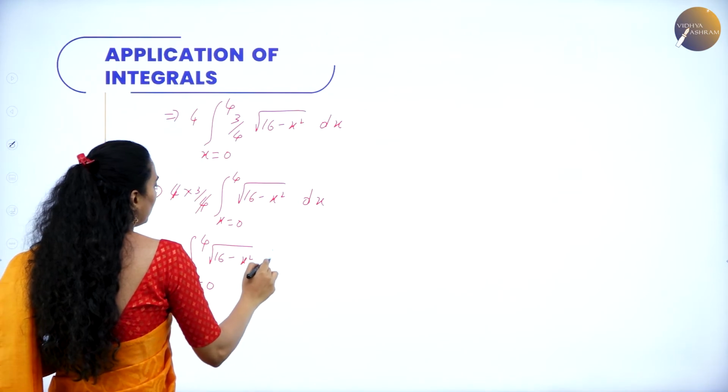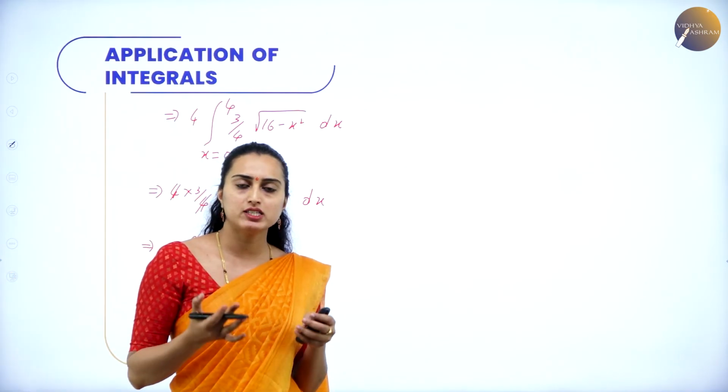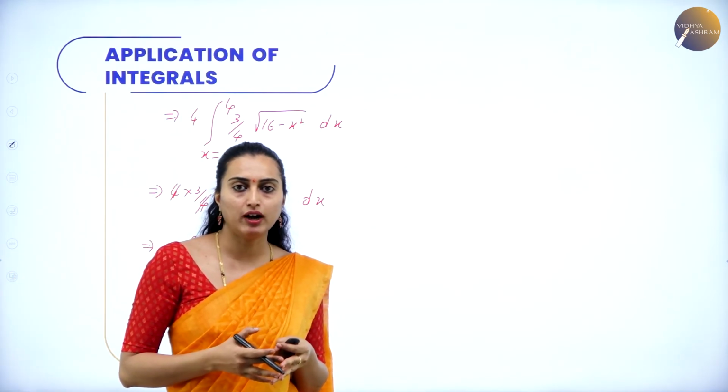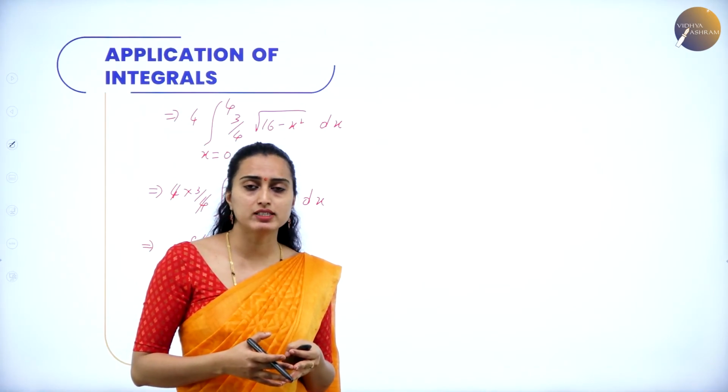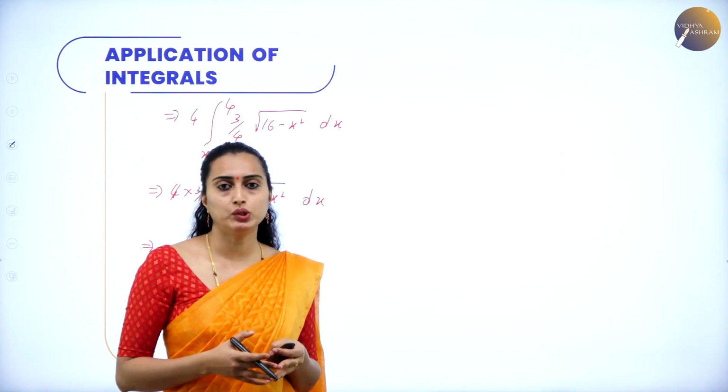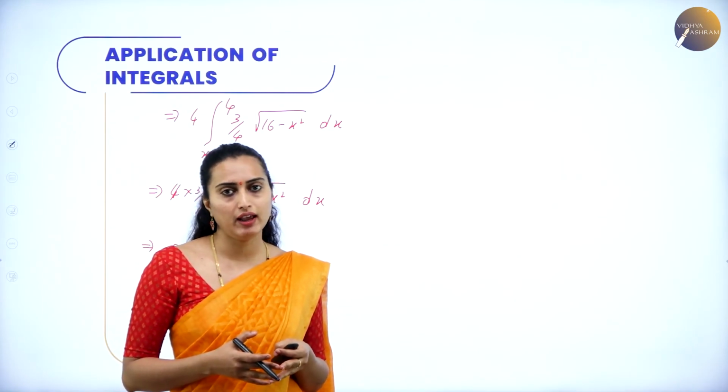x squared into dx. The integral of under the root a squared minus x squared is given by the formula x by 2 into under the root a squared minus x squared plus a squared by 2 into sine inverse of x by a, isn't it?